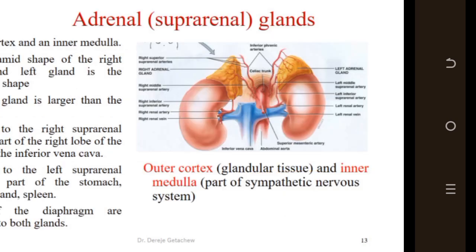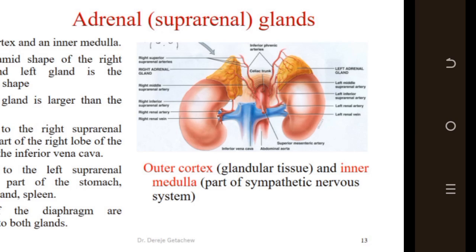The other organs located together with the kidneys are these suprarenal glands, which also have an outer cortex and inner medulla. The right gland is pyramidal in shape and the left gland is semilunar in shape.